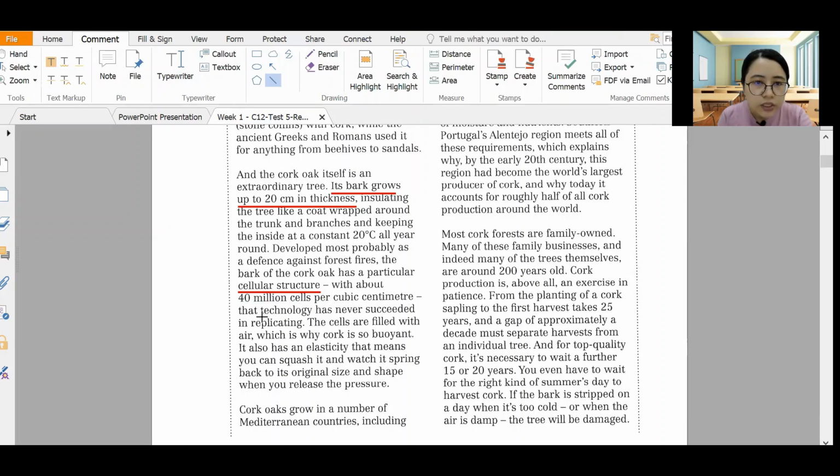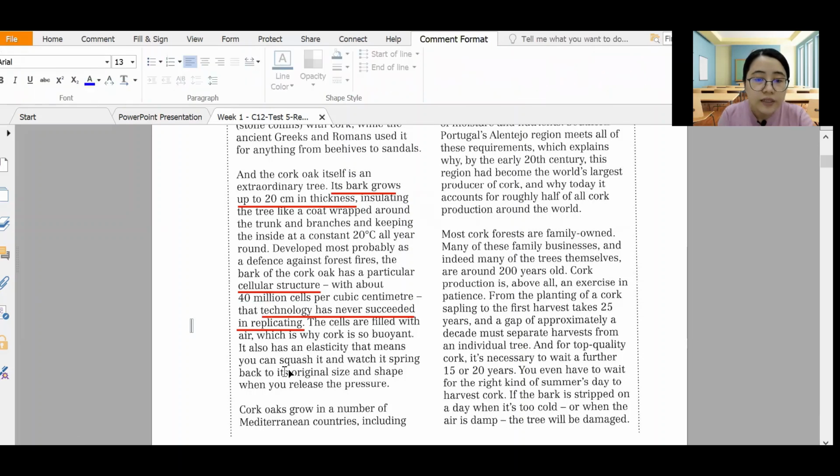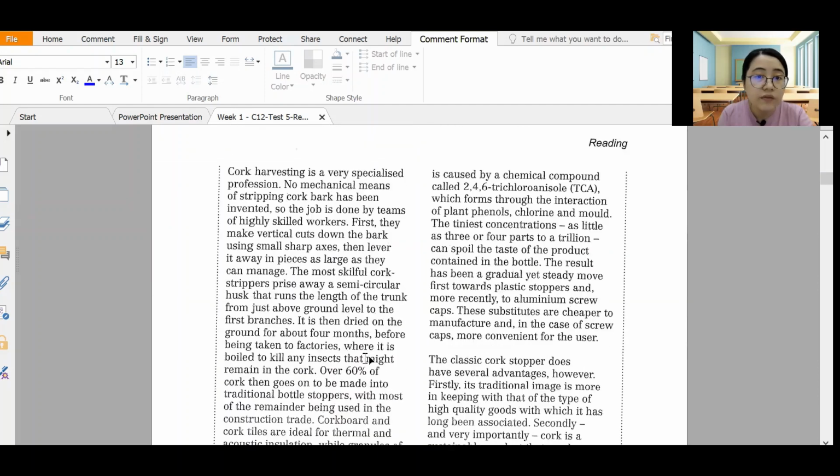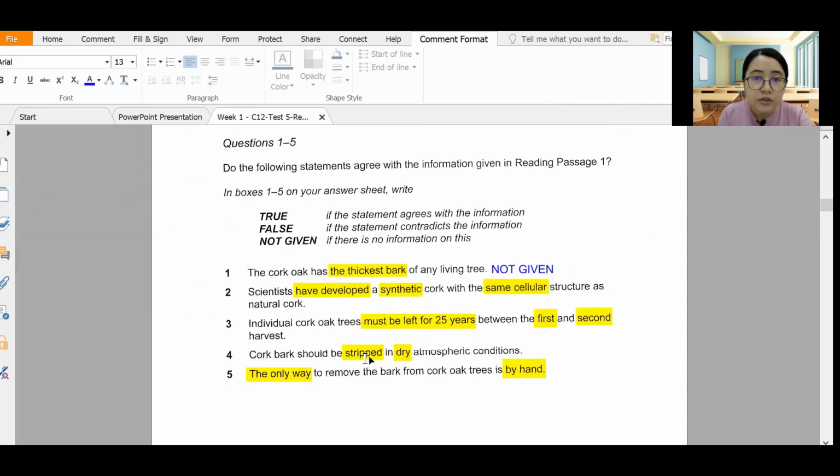The technology has never succeeded in replicating. Replicating means copying, creating the same thing. So technology has never succeeded, which means they have never made something similar. So the answer for this is false. Next, must be left for 25 years.